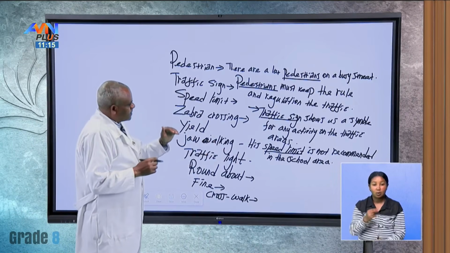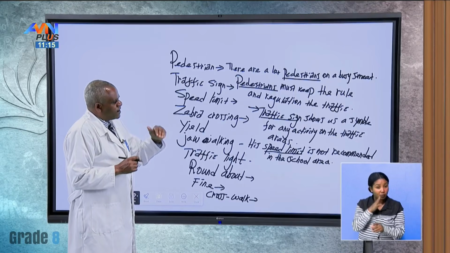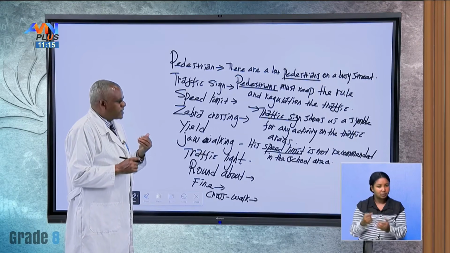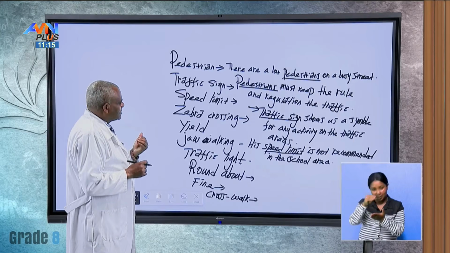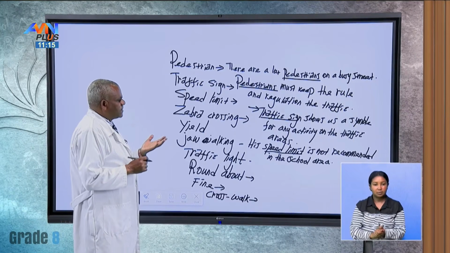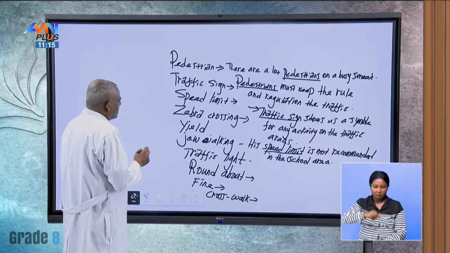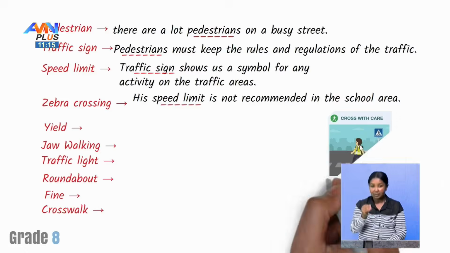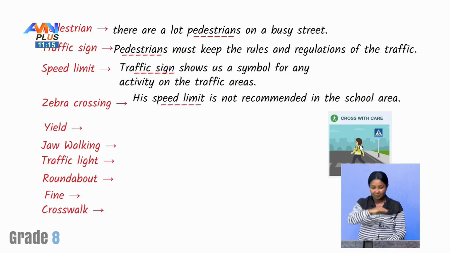Look, all these, don't forget, are how these words are used in different contexts. This is the main target of the lesson. Zebra crossing. What do you mean by zebra crossing? I think you are familiar with this zebra crossing. These are the lines.